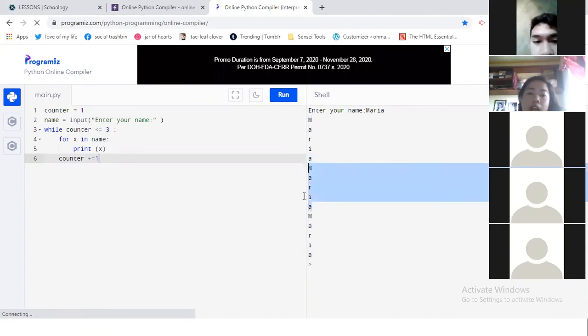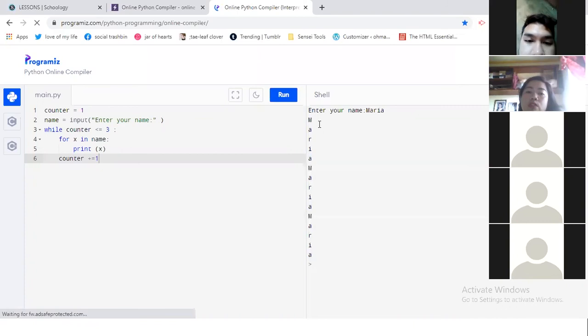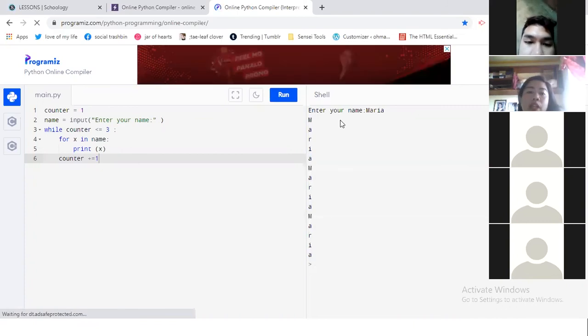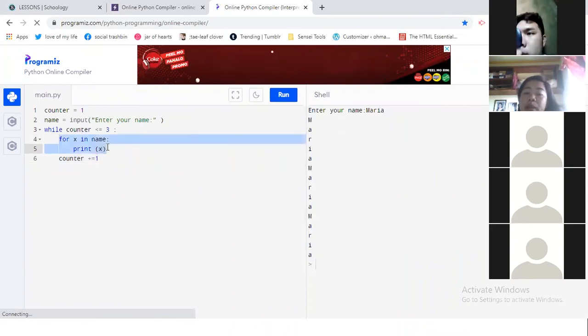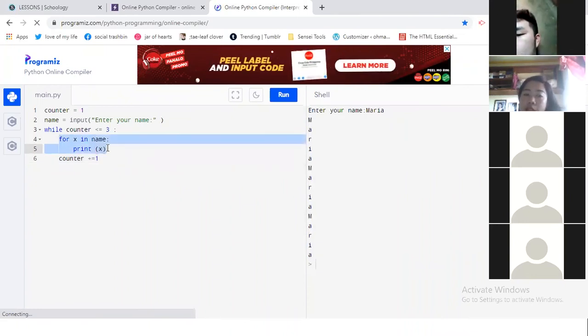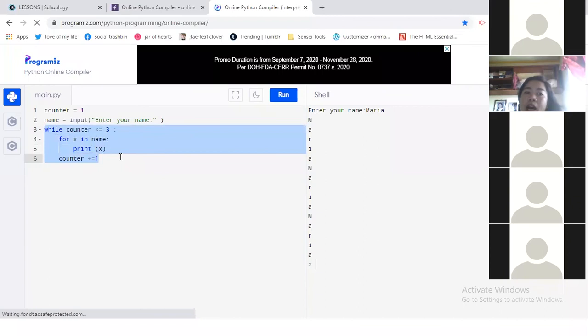Second ikot niya. And then, 1, 2, 3, 4, 5. Third ikot. Okay? So, dito sa program natin, we have the for loop para mag-print yung each element dun sa name. And we have the while loop para ulitin niya yung buong instruction or yung buong program ng 3 beses. Nakuha niyo po yung nested loop?